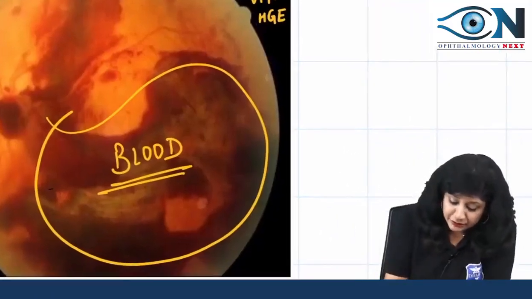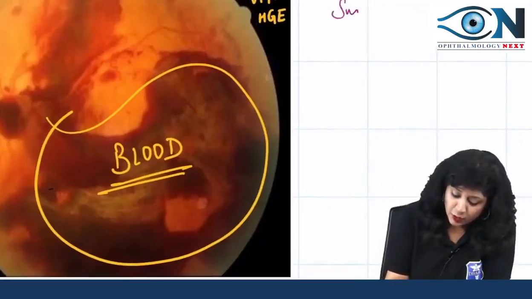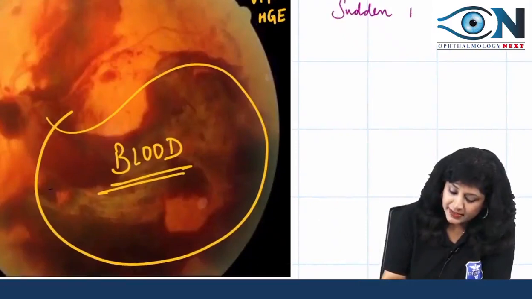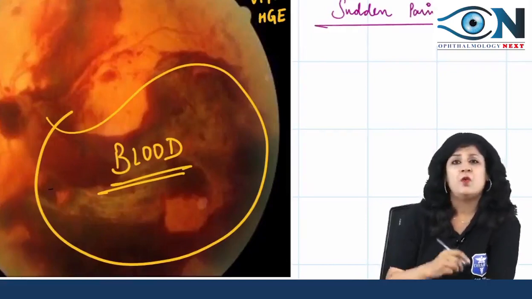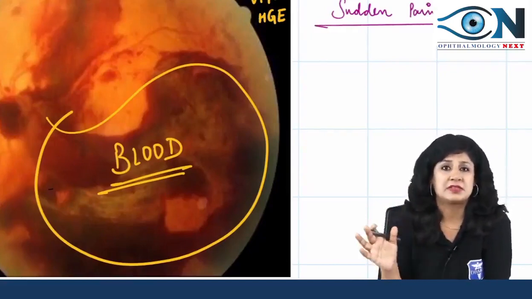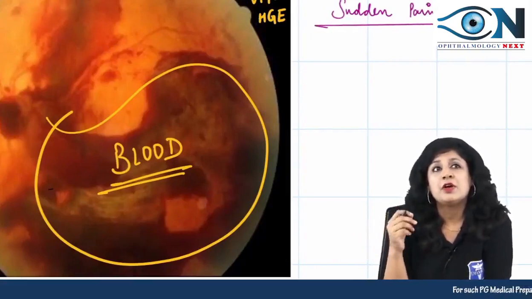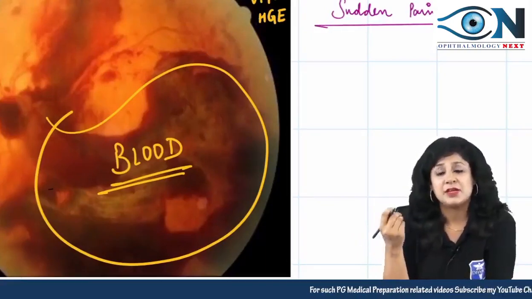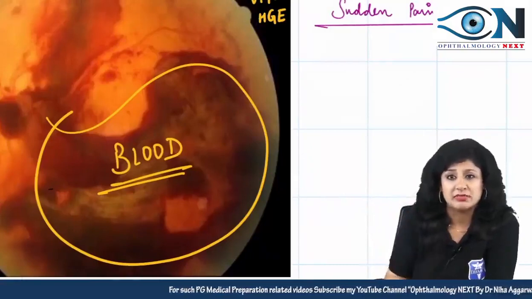Now whenever you are having a patient of sudden painless diminution of vision, one of the important DDs that you can keep in your mind is vitreous hemorrhage. Now if you are having vitreous hemorrhage, what are the different etiologies you can think of?